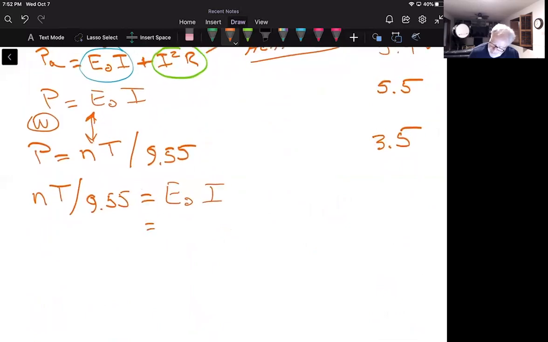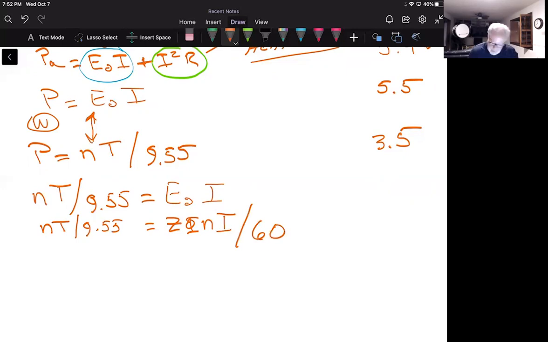So I'm going to have N times T divided by 9.55. And then E sub O is the Z times the flux per pole times the speed. I've still got current there as well, and all of that divided by 60.